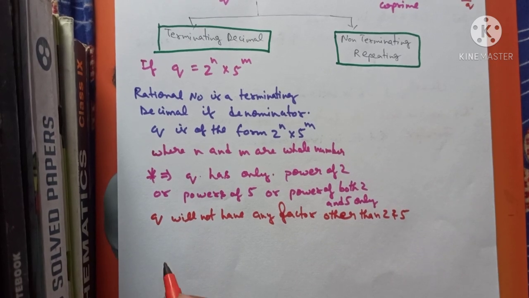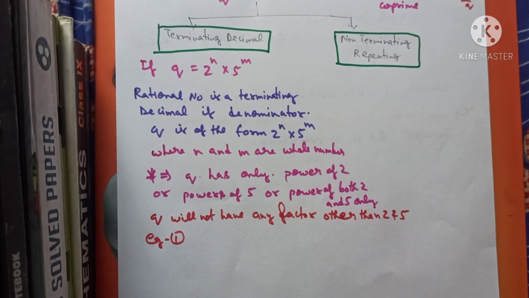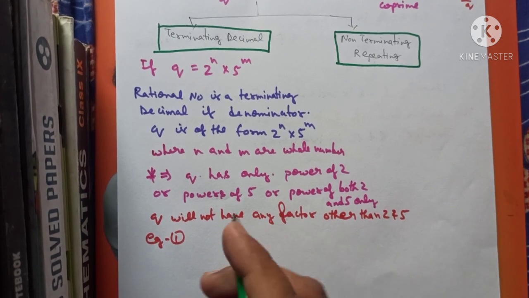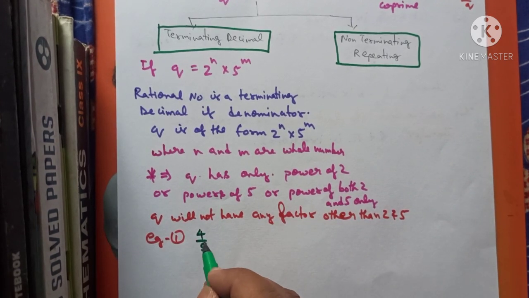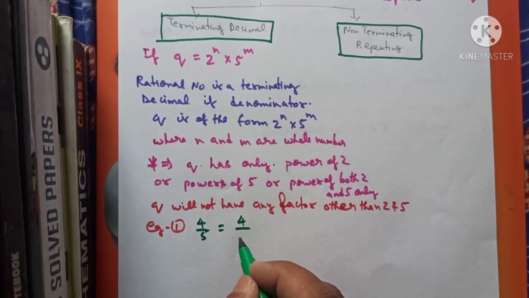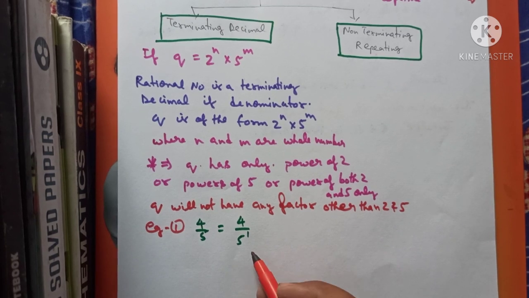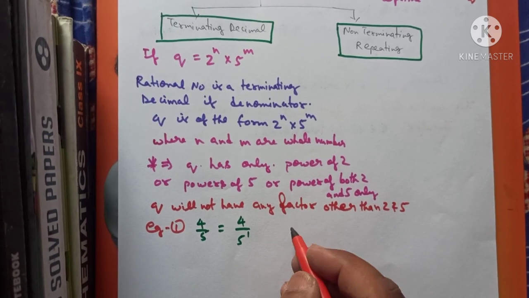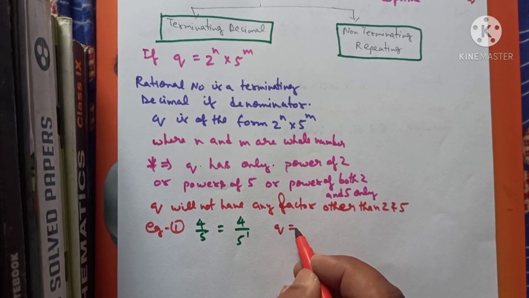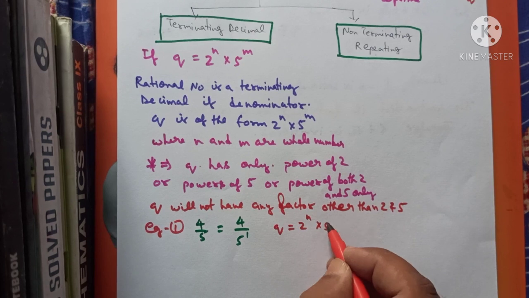Let's take a few examples. Example number 1. If I take 4 upon 5, 4 upon 5 can be expressed as 4 upon 5 raised to the power 1. So it has only 5 as the factor. So q can be expressed in the form of 2 raised to the power n into 5 raised to power m.